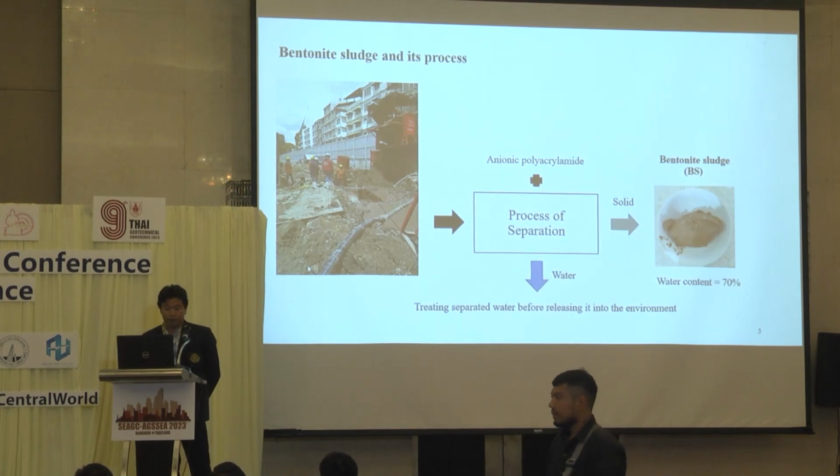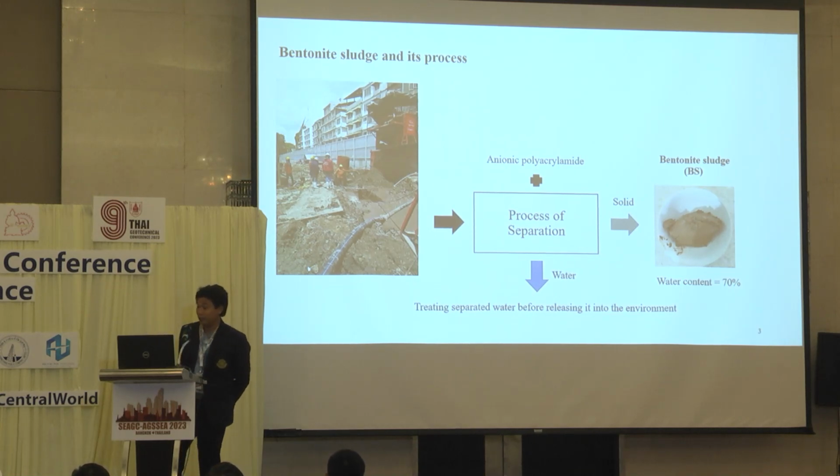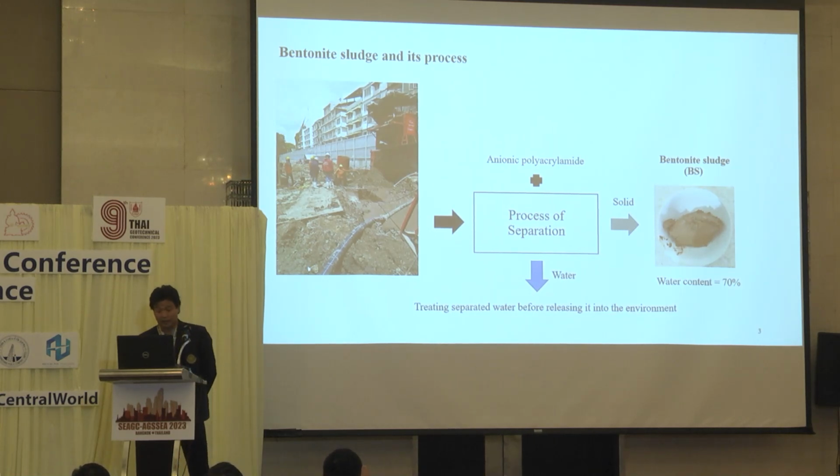Let's introduce what the bentonite sludge is and its process. Firstly, we take the bentonite dredge from the site. After that, we mix it with anionic polyacrylamide, and use the centrifuge technique to separate the solid and the water.